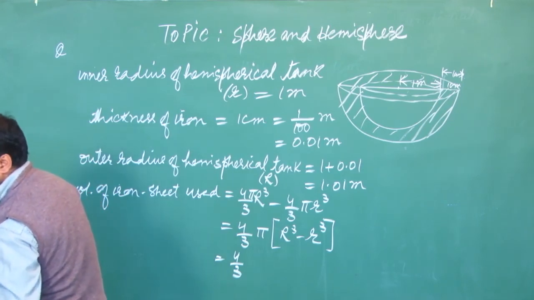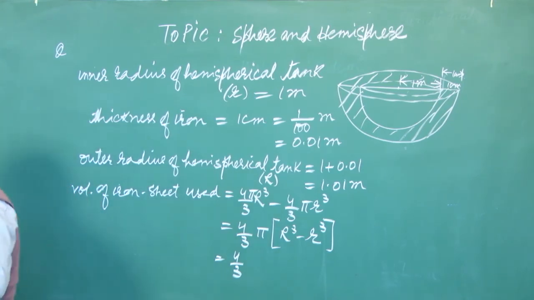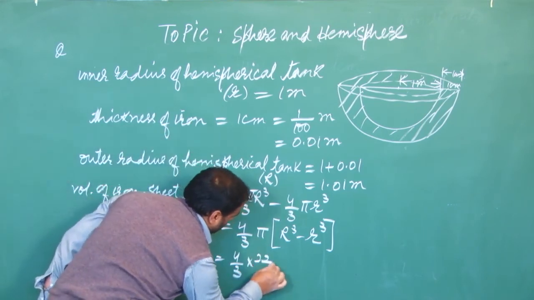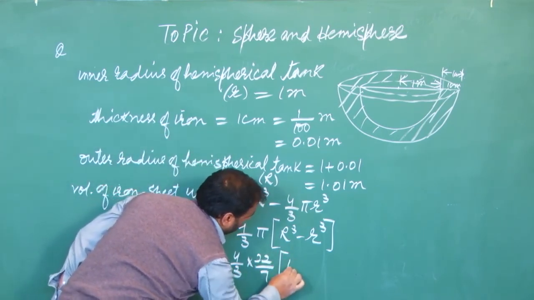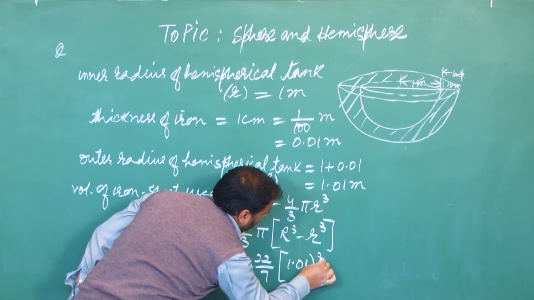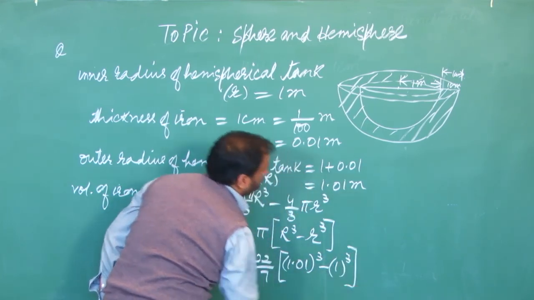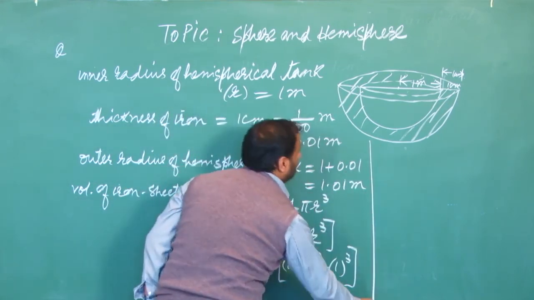We are given pi equal to 22 by 7. Capital R cube is 1.01 whole cube, and small r cube is 1 raised to power 3.